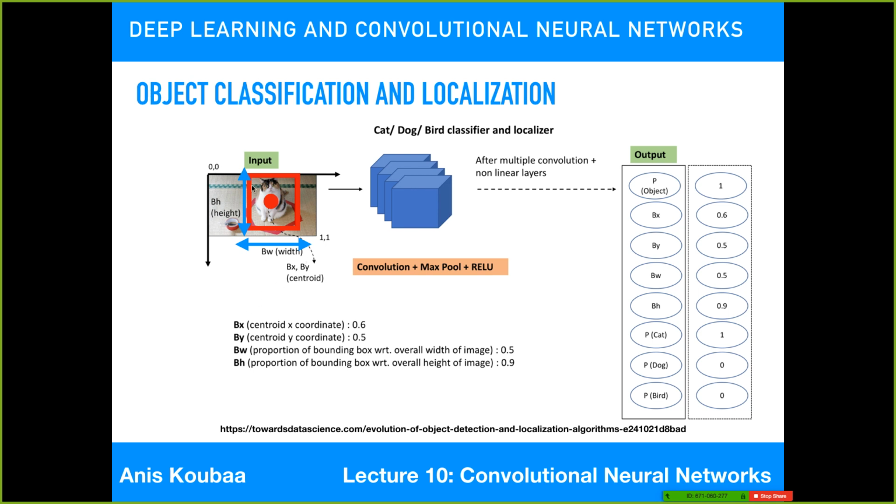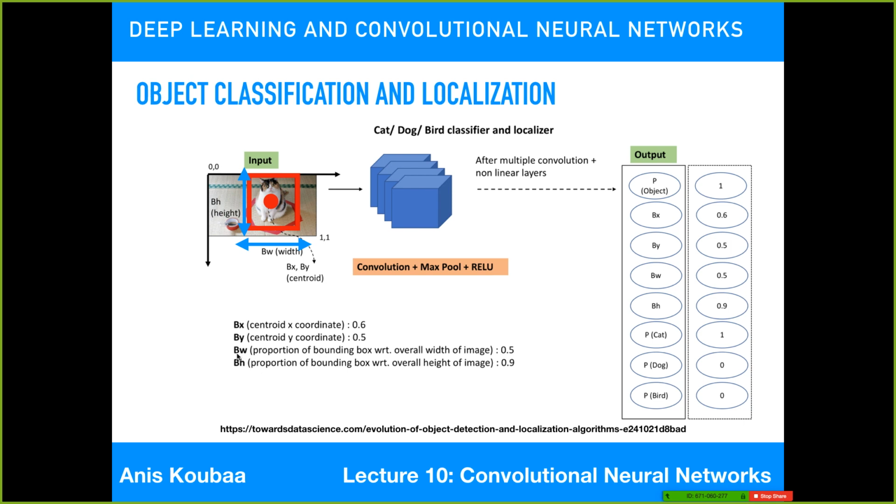And now you have to specify, for example, what is the coordinate of this center point of the bounding box inside the image. It will be a value between 0 and 1. For example, here bx, so if we consider this is the x-axis and this is the y-axis, bx is equal, for example, to 0.6, and by, along the y-axis, is almost around 0.5. So this is now the coordinate of the center point.